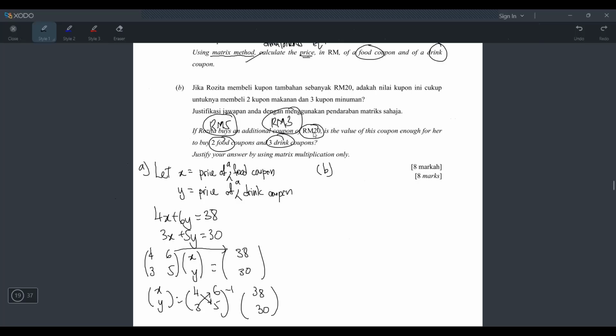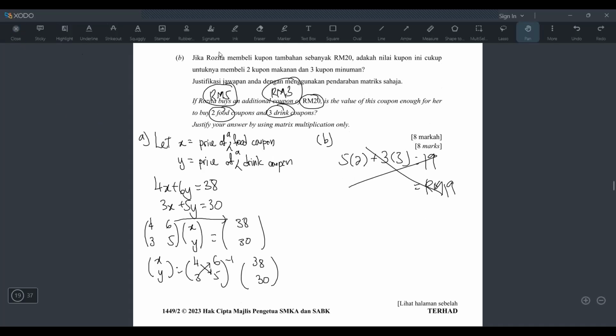I can just take 5 times 2 plus 3 times 3, which is 10 plus 9, 19. So is the 20 ringgit enough? Enough, because 2 food coupon and 3 drink coupon only cost you 19 ringgit. And if you have 20 ringgit, of course it's enough. But they say justify your answer by using matrix multiplication. So let's not write like this, because we never use matrix multiplication. So how to write this?